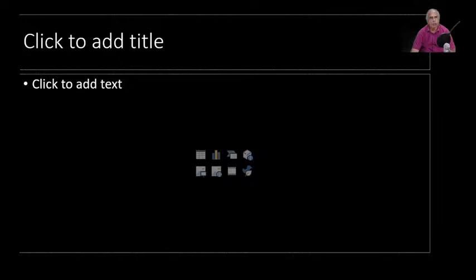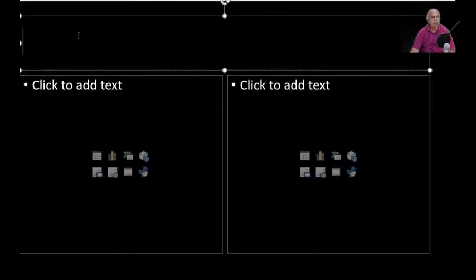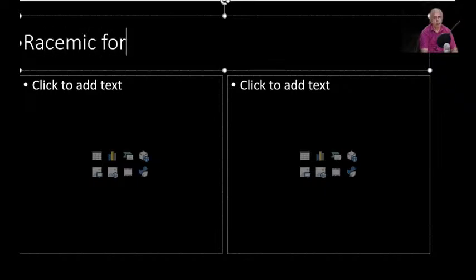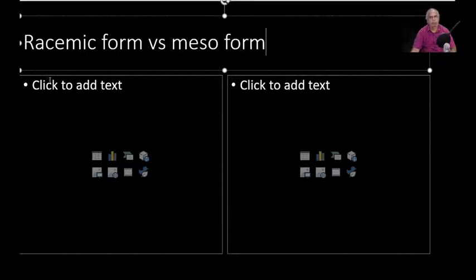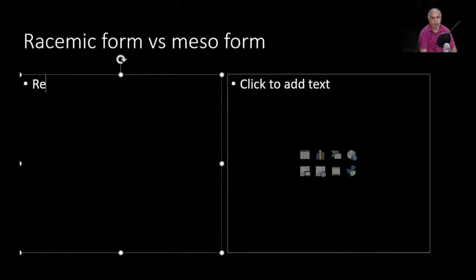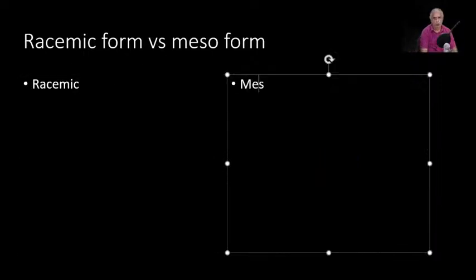Now let us compare the racemic versus meso form. Take down. Racemic form of tartaric acid versus meso form. Here let me write racemic form, and this is meso.